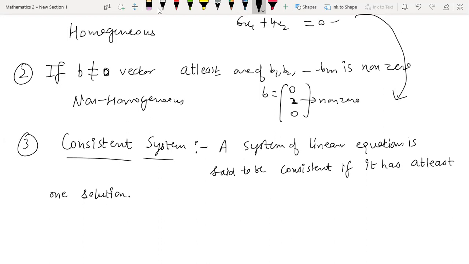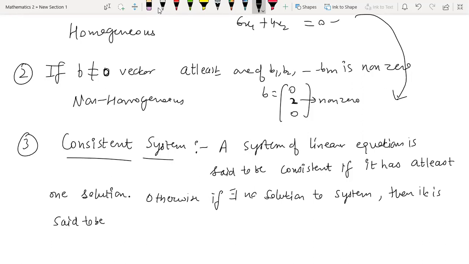So if the given system of equations has at least one solution, then we say the system is consistent. Otherwise, if there exists no solution to the system, then it is said to be inconsistent.